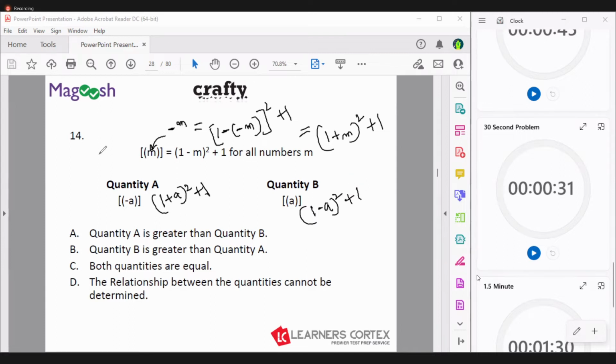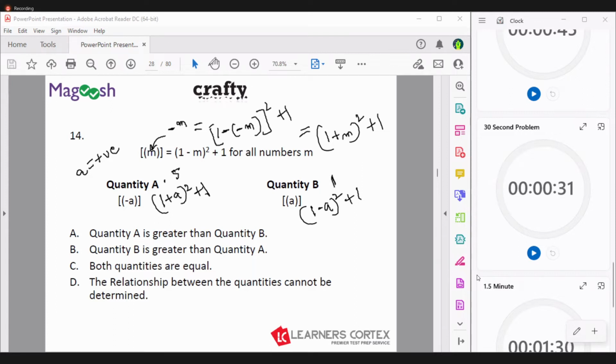Yes, sir. Okay, so if you have positive integer values for a, say a is 1, this becomes 2 square, because 1 plus 1 is 2 and 2 square is 4, 4 plus 1 is 5. And if you plug in 1 here, this becomes 1.